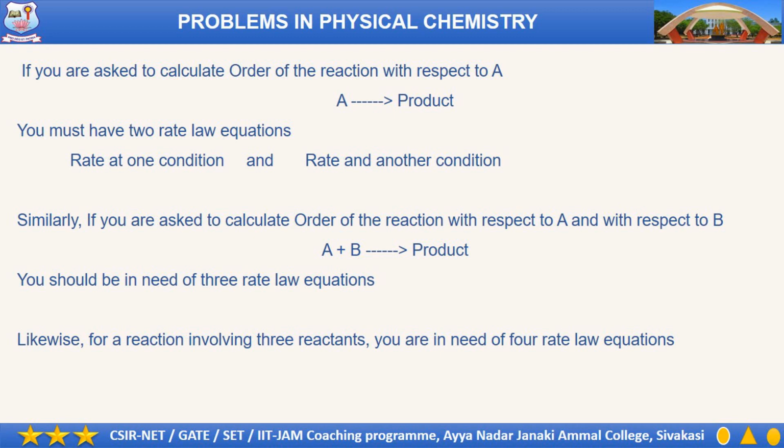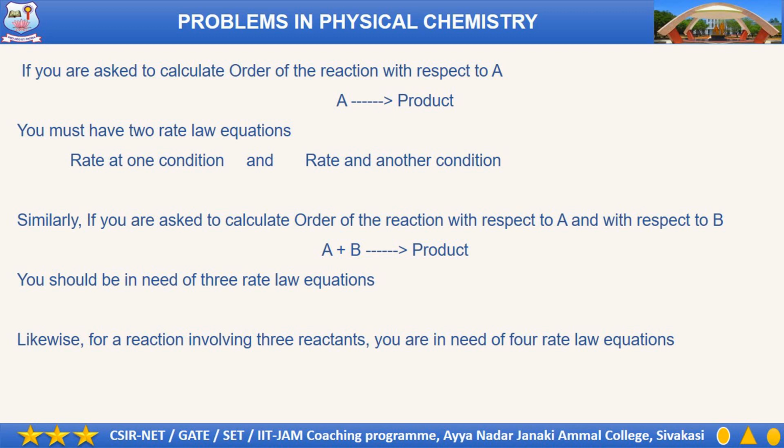Suppose you are given A plus B giving product, and you are asked the order with respect to A and with respect to B. Now you need three equations to find the order with respect to two reactants. Similarly, for a three reactant reaction you need four equations, four sets of data.